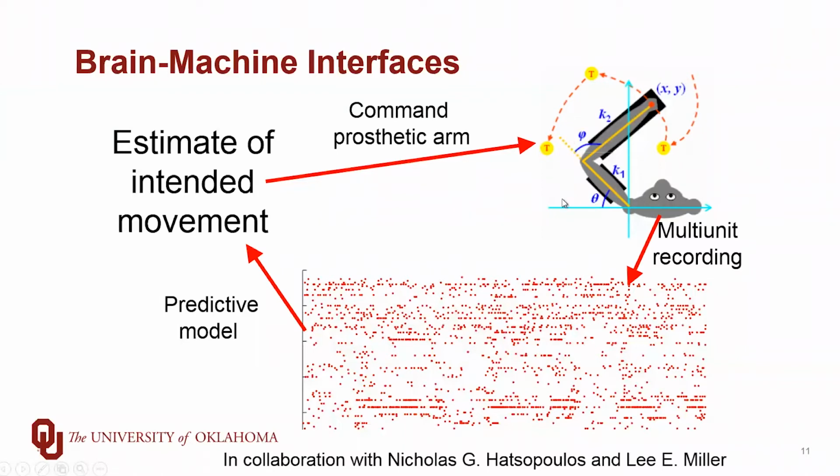This is a top-level view of the monkey. In our experimental setup, the monkey has her arm placed in an exoskeleton that allows her to move her shoulder in one dimension and her elbow. So she's making planar arm movements in the horizontal plane. This exoskeleton has two different ways of behaving.